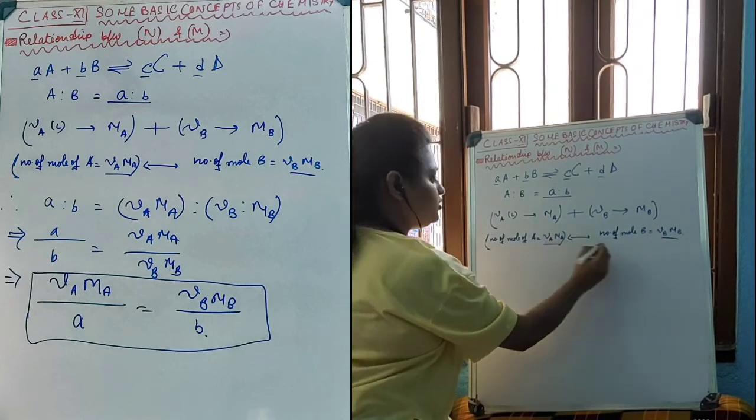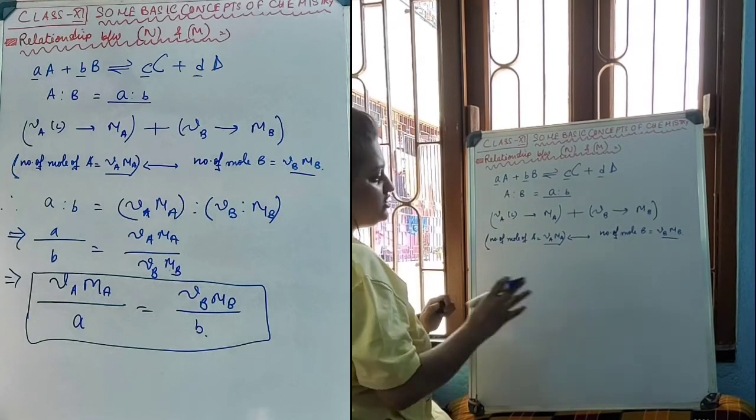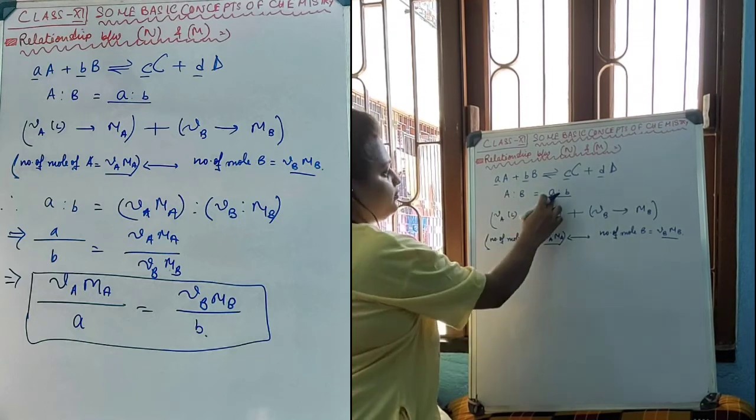Now this is the total number of moles that are reacting with each other in the ratio of a is to b.